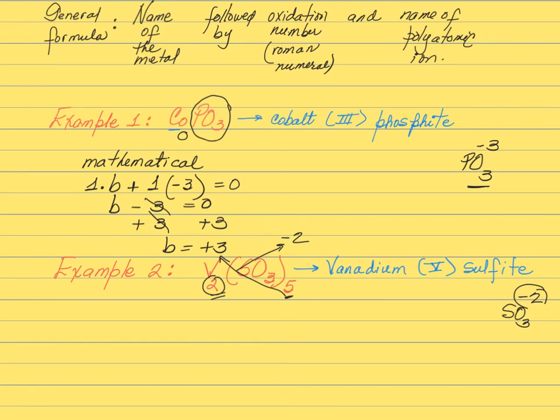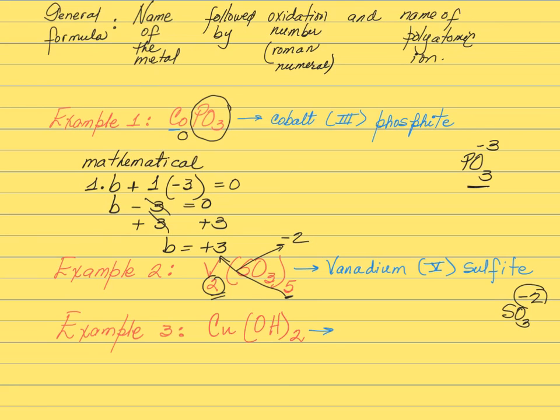Okay, so another one, this last one that we are going to analyze here. Example number 3. Super easy to use the same approach. We're going to use the same approach.